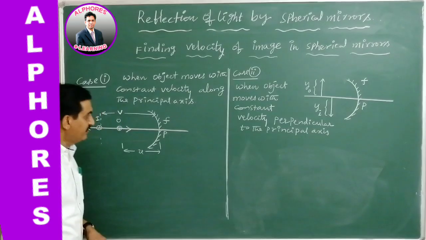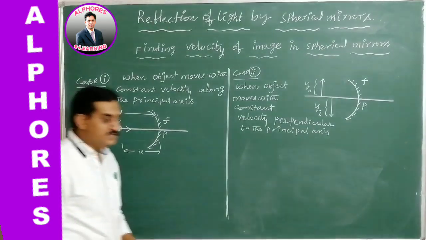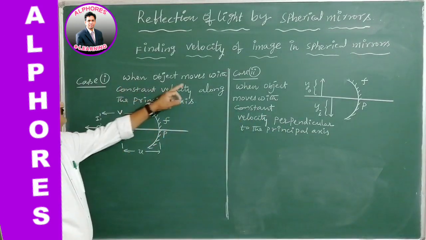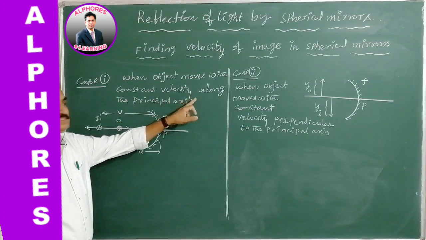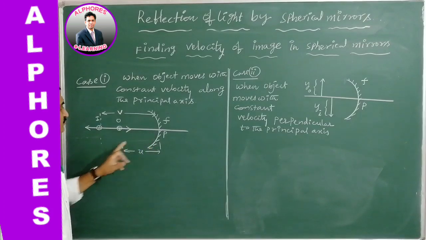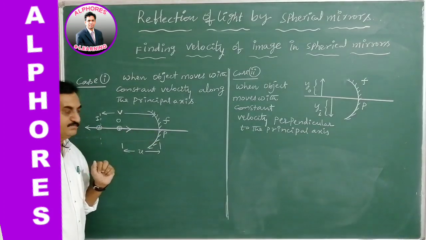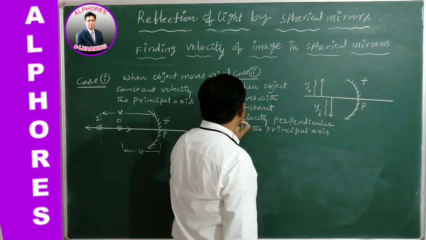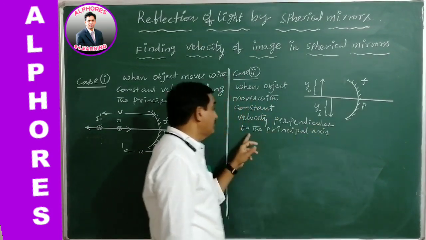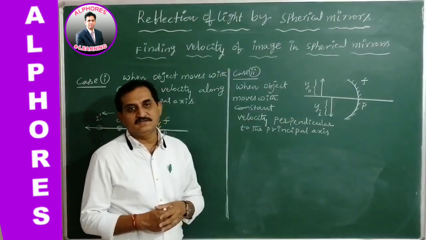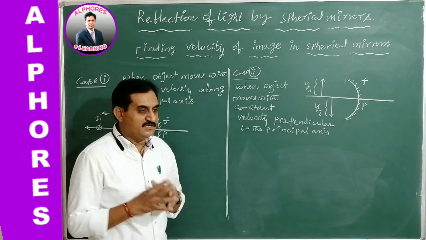In the first case, the object is moving with constant velocity along the principal axis. So in this case, what is the velocity of the image in the spherical mirror? And in the other case, the object moves with constant velocity perpendicular to the principal axis, and we ask what is the velocity of the image in the spherical mirror.